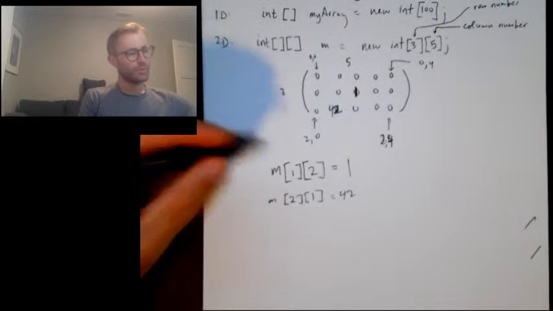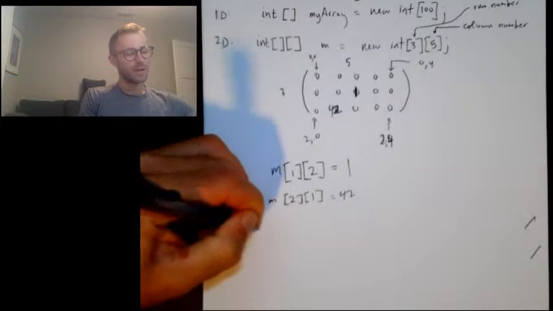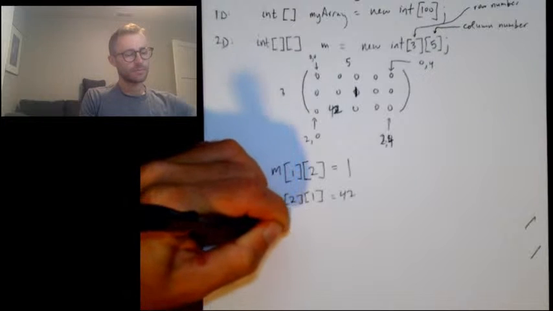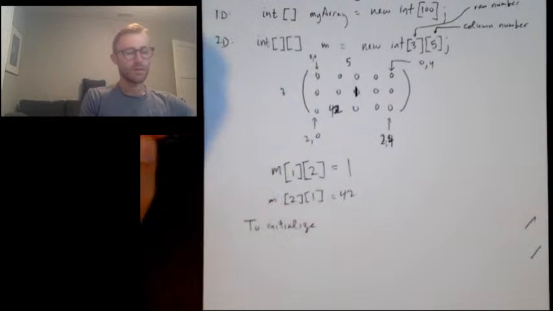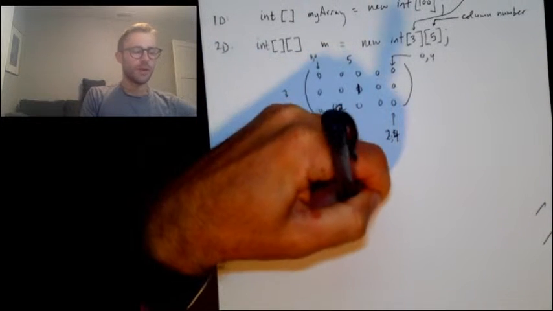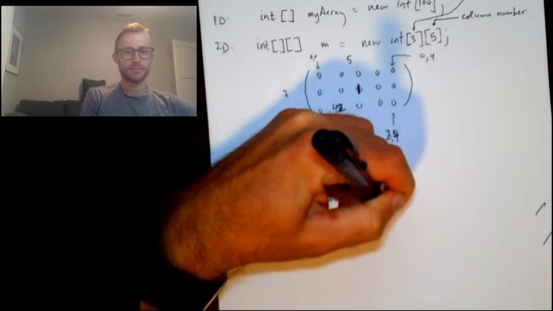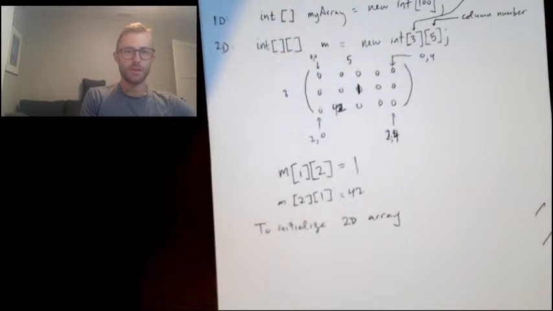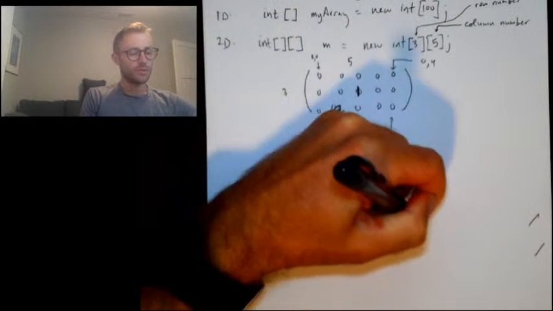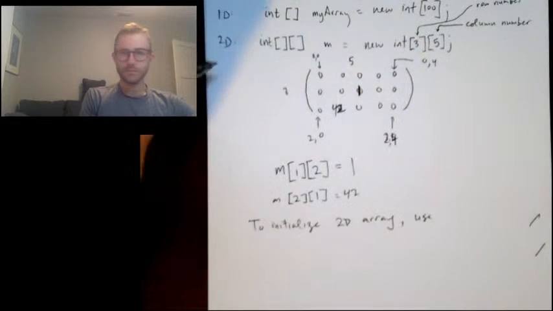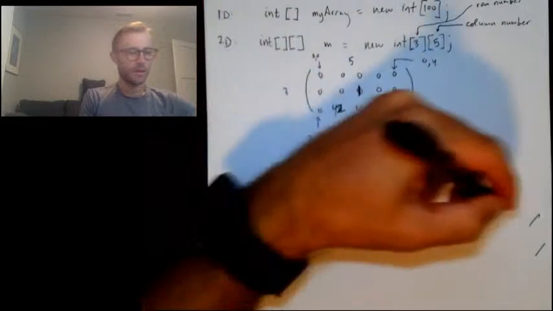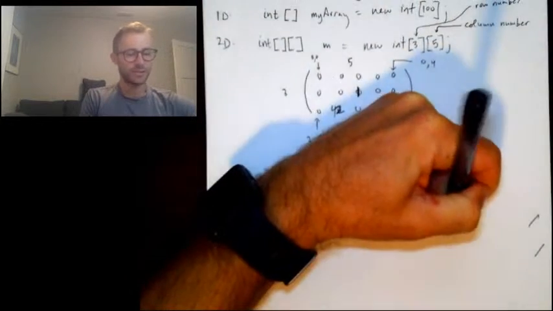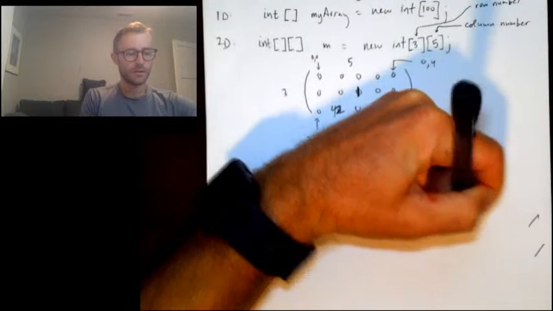So to initialize a 2D array, what you want to do is you want to use nested for loops.